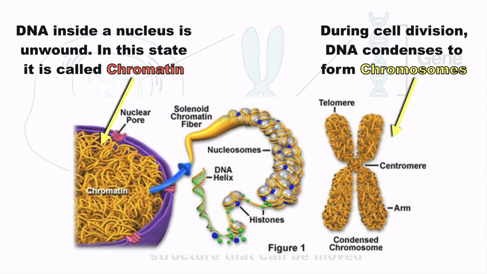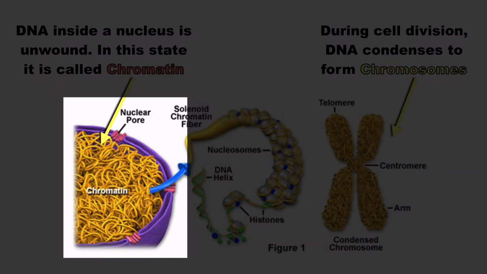When you actually look at a cell and you look in the nucleus, when the cell isn't in the process of dividing, DNA is not kept in that chromosomal form. DNA is actually uncoiled in this mess of strands called chromatin. No, that's not a picture of noodles in a bowl.